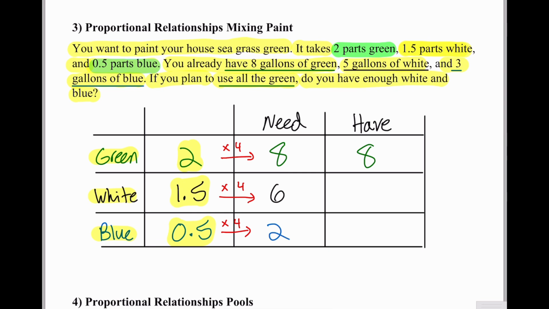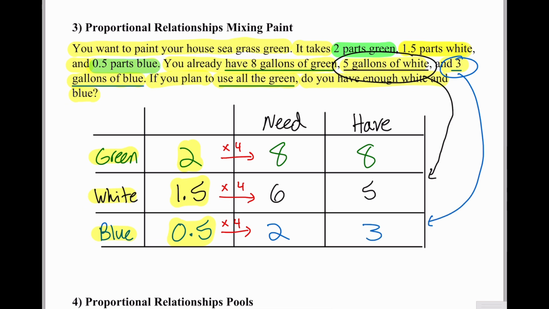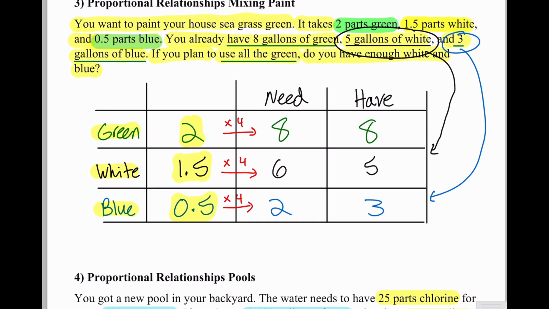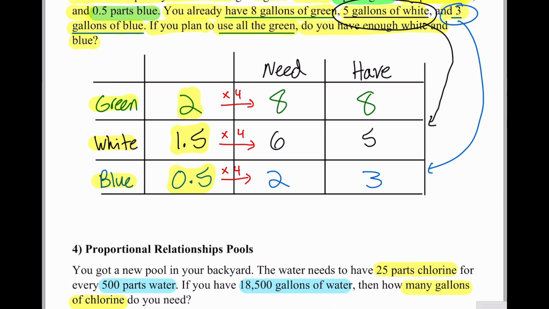If we look back at our question, we notice that for white, we have 5 gallons already, and for blue, we have 3 gallons already. And there we go. So the question, do we have enough white and blue paint?